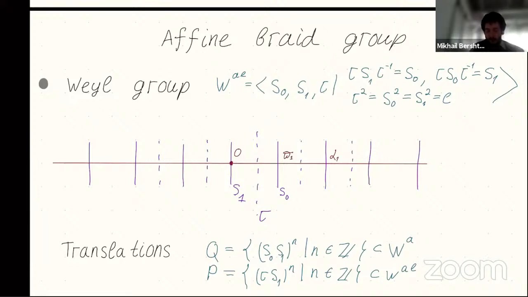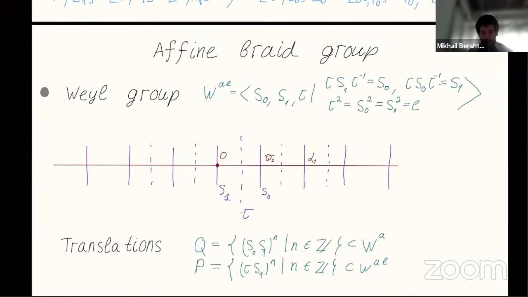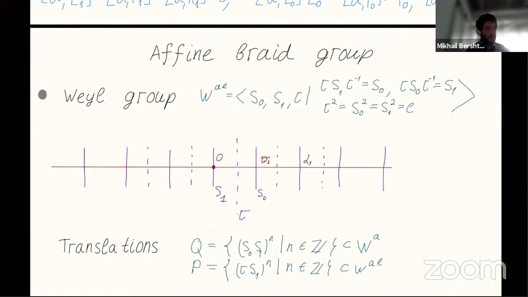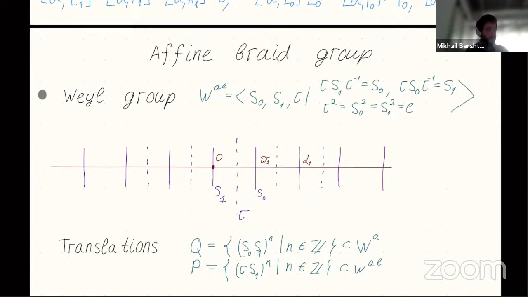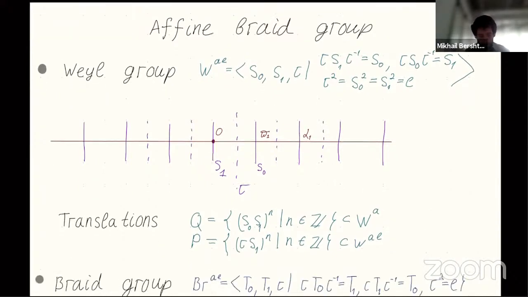And this one has one generator, so the whole translation group has this form. Are there any questions about this reminder? Okay.